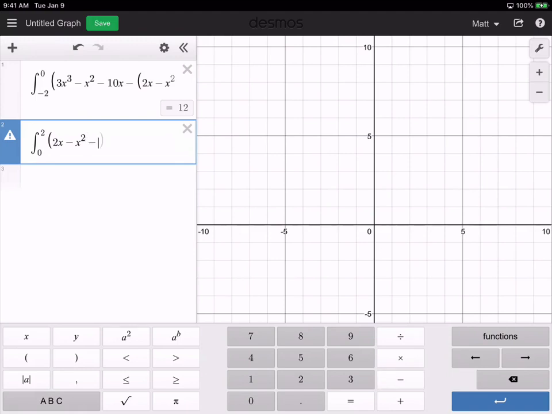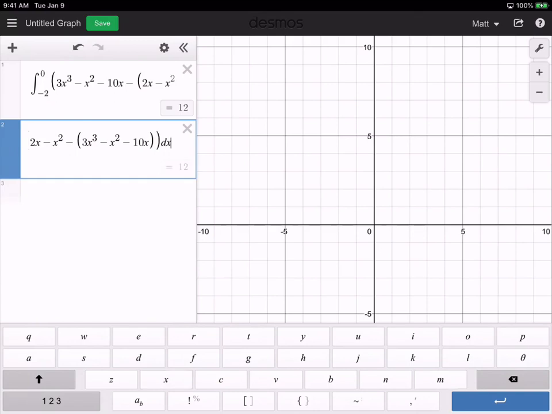Okay, and then minus the bottom function, and that is the 3x cubed minus x squared minus 10x. And we'll do with respect to x. That is also 12. So when you add the two together, you should get 24.